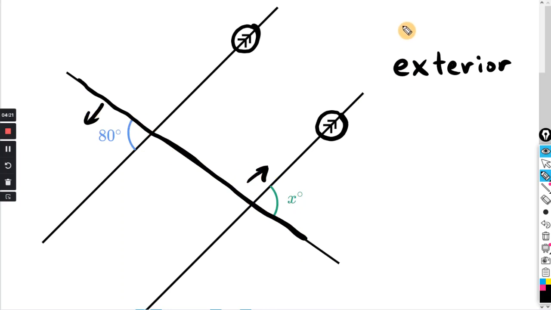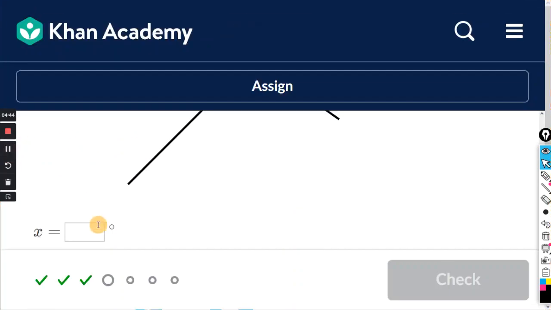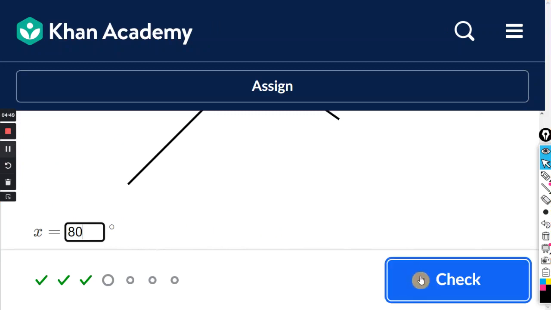So they are not same side, but they are alternate. And we know that alternate exterior angles are congruent. So that means that x and 80 are the same measurement. So x is just going to be 80 degrees. So just click in the box and type 80.